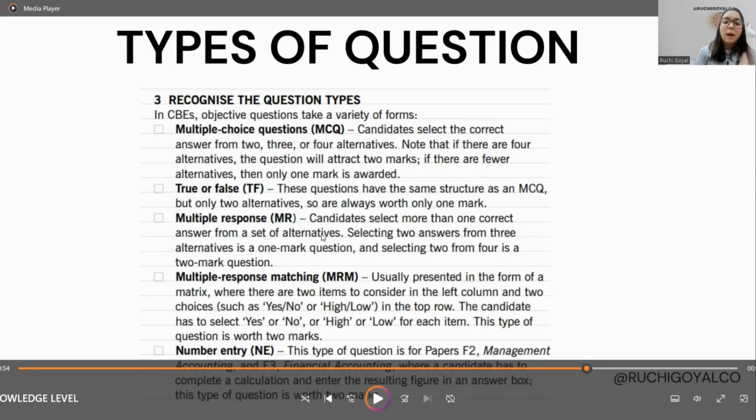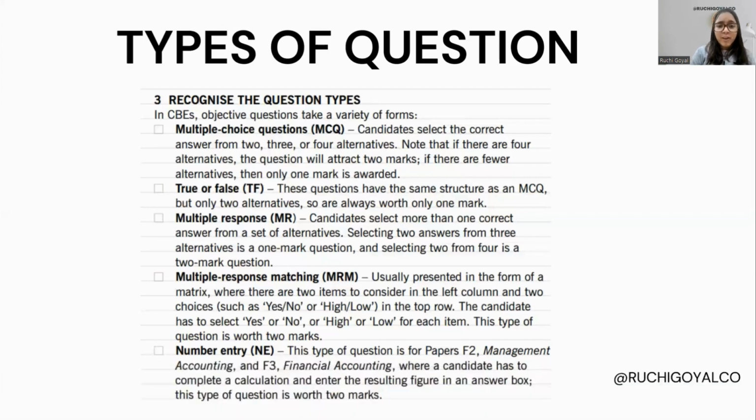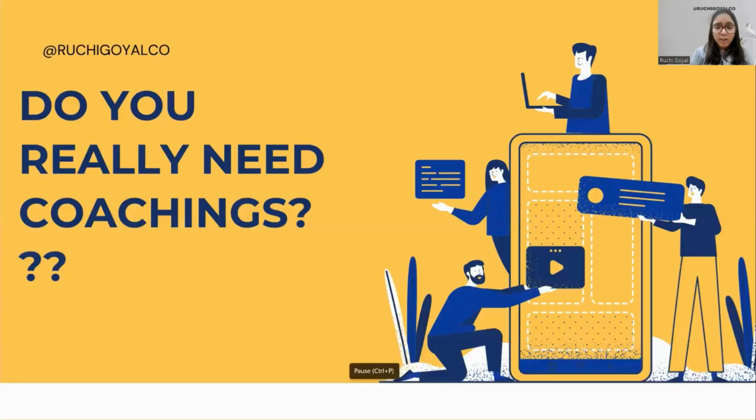Sometimes number entry, which is most commonly asked in F2 and F3, where you need to do a calculation and put the number as your answer. Make sure you put the dollar sign, and check whether the column has 000 after your answer, or whether you need to put 000. That's a common mistake that I have noticed in the majority of papers. So these are the types of questions asked at the knowledge level.